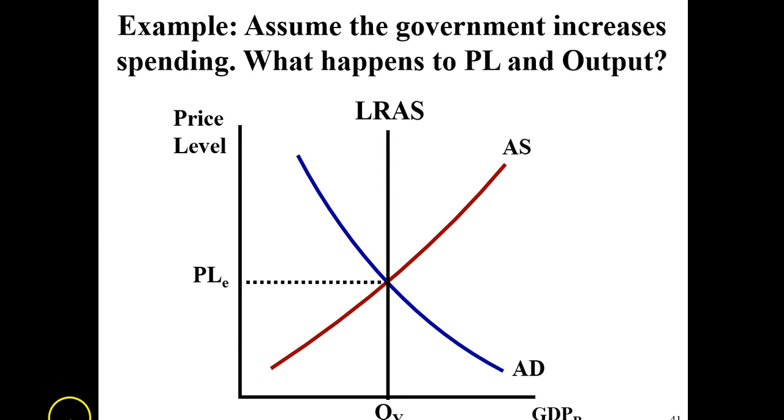A word about inflationary and recessionary gaps. We've seen these before, but we saw them in the context of the business cycle. We said when actual GDP is above natural unemployment, or what we call full potential GDP, then we have inflationary pressure on the economy.